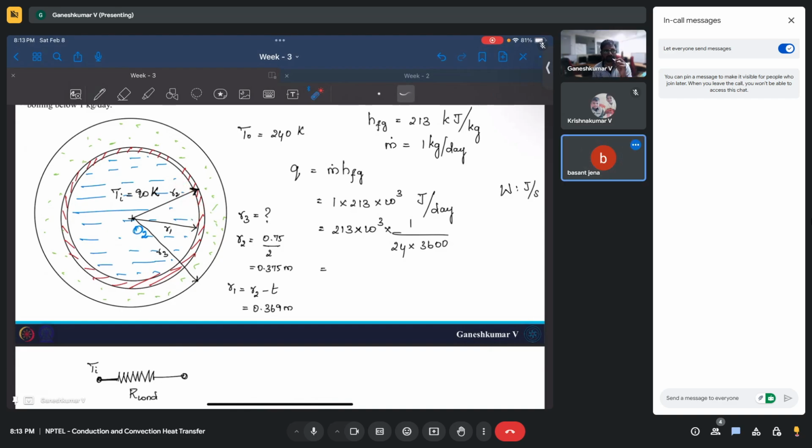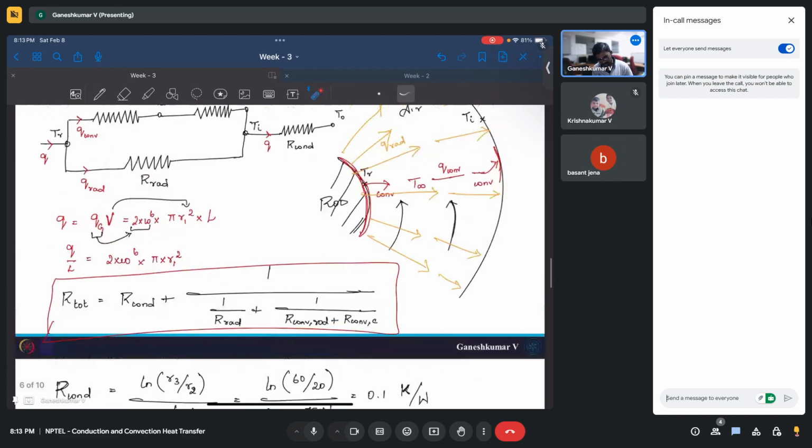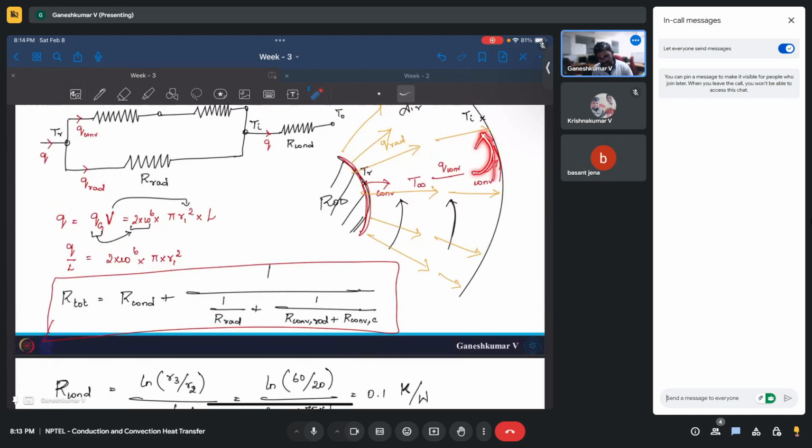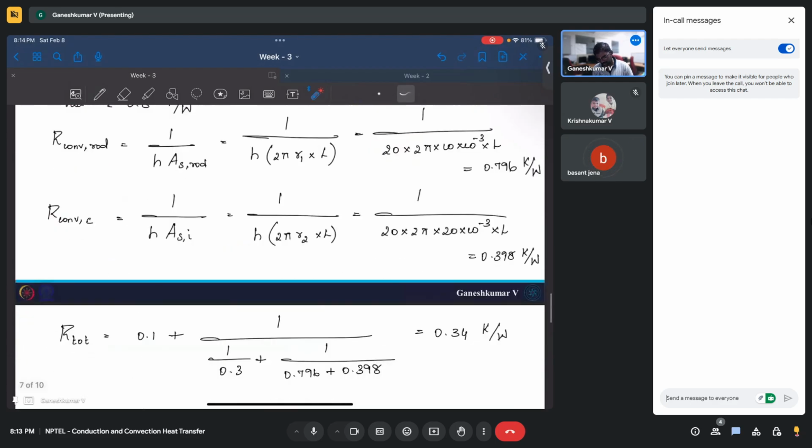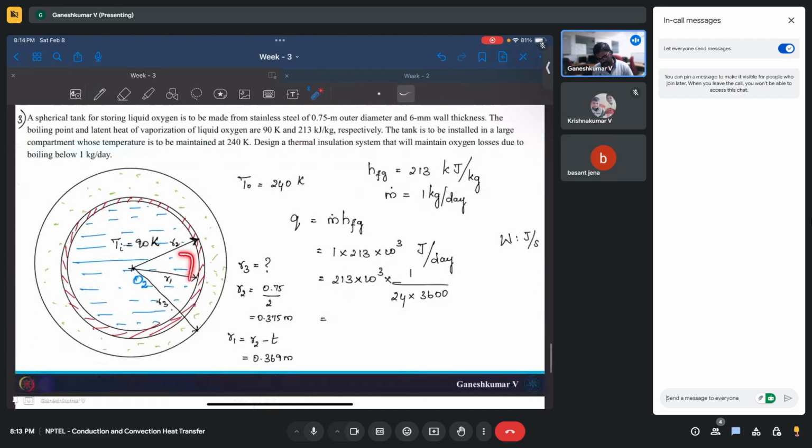The same thing we saw with air in the previous example: air is moving, so you can have convection. Similarly, oxygen here can move and we can have convection. There is no problem, but in the question it was not given. So convection is not given, and I'm assuming convection is not there. But by default, as you said, you can have it.